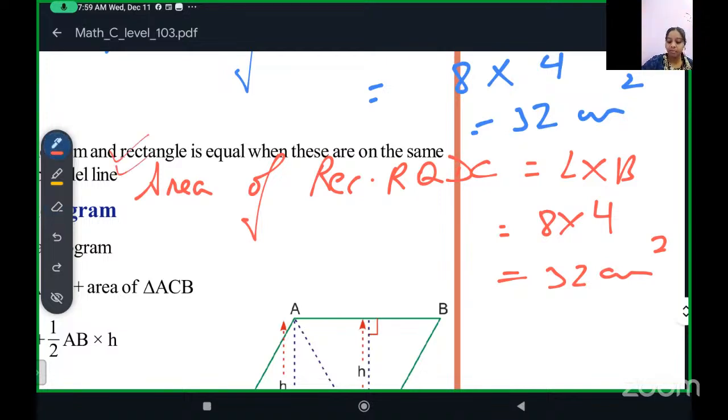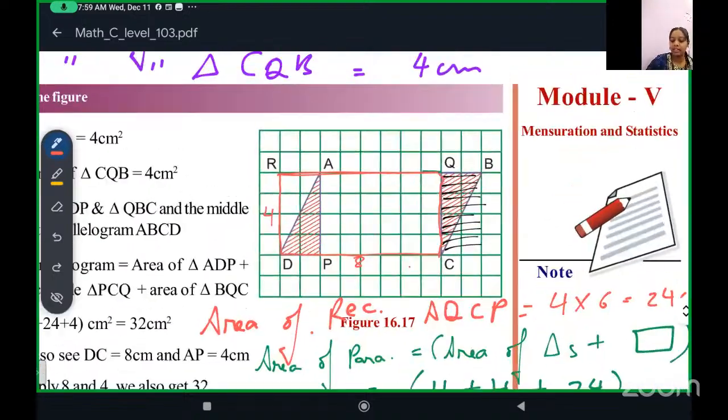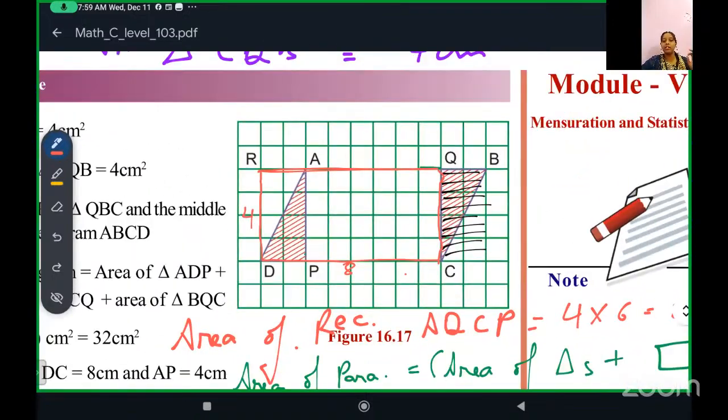Because if you take the wrong measure, the triangle that you have removed and add here should be exactly the same to give you the right area. If you just make it only this much bigger, suppose I don't have a graph paper, then it will be wrong.